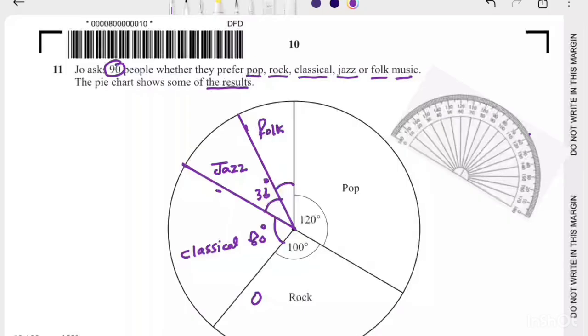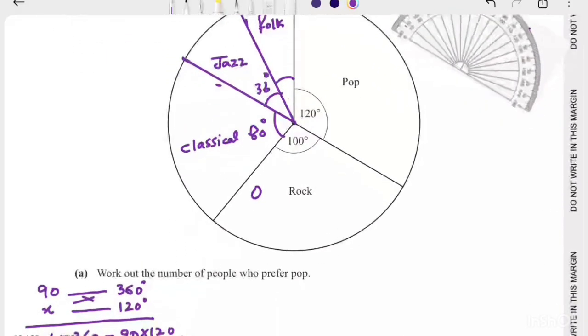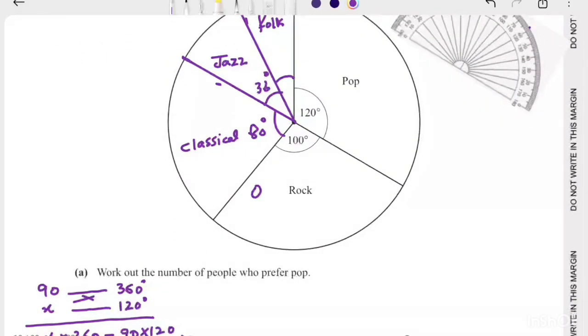To find out its angle, we are going to add the other angles and subtract from 360 degrees. So it will be 120 plus 100 plus 80 plus 36 plus folk is equal to 360 degrees.